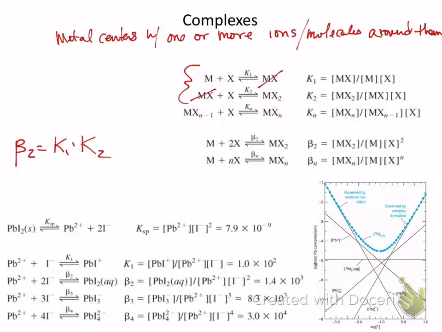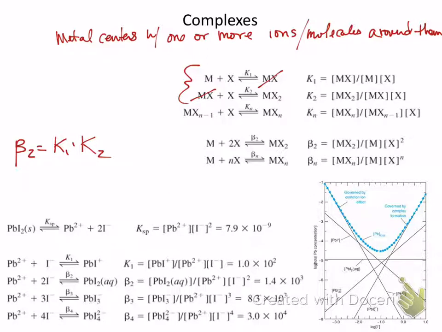So if we take a look at equilibrium expression 1 with K sub 1, we see that it goes from an individual metal with an individual ligand to MX. So now this is the complex MX. But then, following that, we can take MX and form MX2, and in a series, in some cases, we can form MXn-1 or MXn, where this number can increase sequentially.